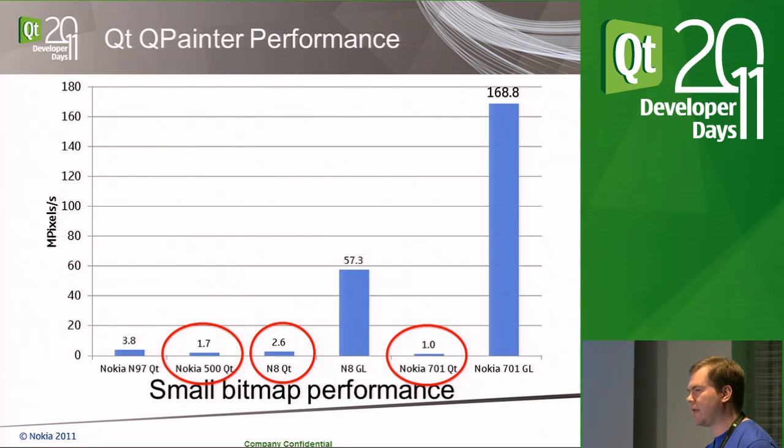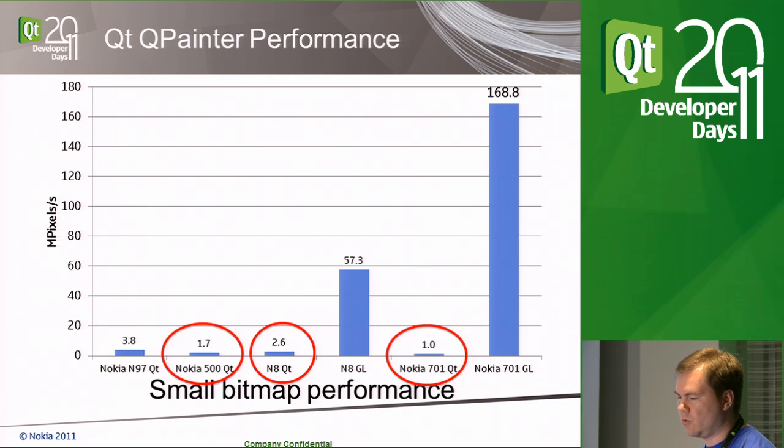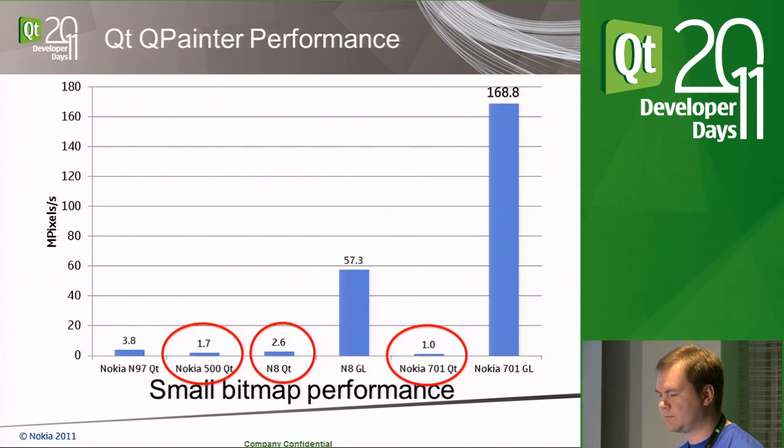If you are splitting too many small bitmaps, there's a performance penalty for each draw call, and you cannot get much performance out of that. So what you can do is combine those small bitmaps into bigger bitmaps and then split those, or use OpenGL ES, which gives you the most performance you can get out of the platform.